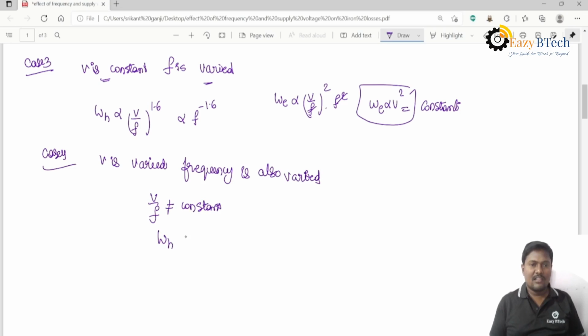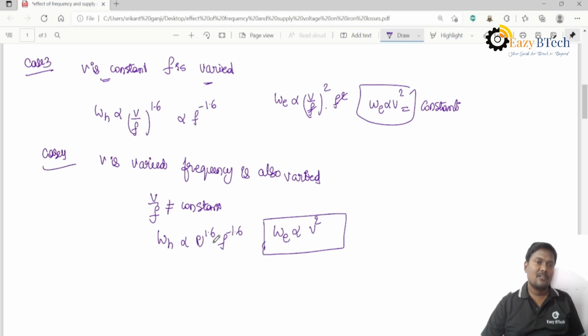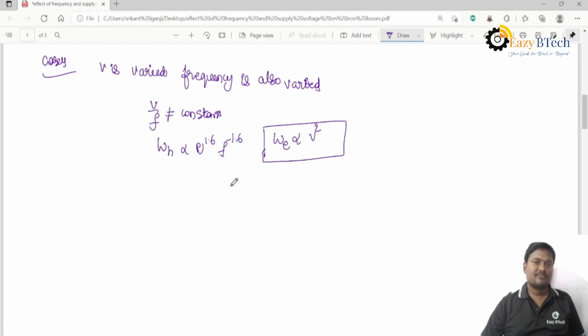Then hysteresis loss is directly proportional to V^1.6 divided by f^1.6, and eddy current loss is directly proportional to V by f whole square into f². These two f² cancel, and eddy current loss is directly proportional to V².